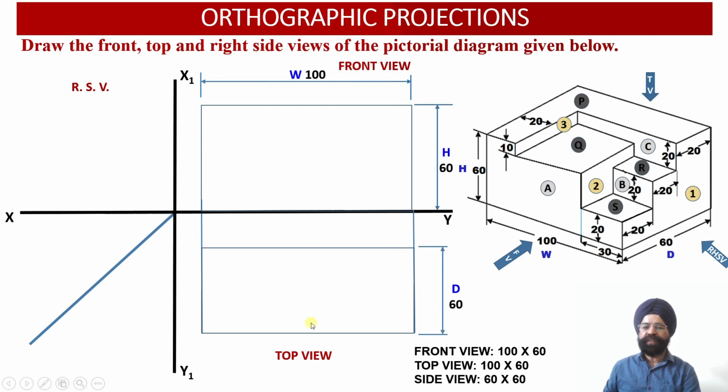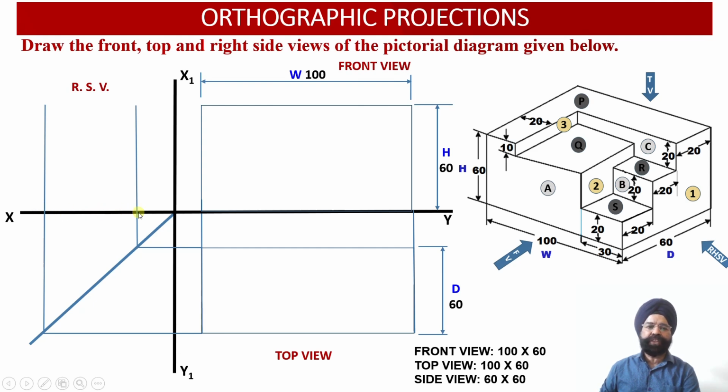Now the dimensions from the depth view, that is from the top view, will be transferred onto the right hand side view using this transfer line. This is our transfer line, which will be used to transfer all the distances from the top view onto the right hand side view. This way the depth has been transferred from the top view onto the right hand side view. This dimension will be equal to 60 millimeter.